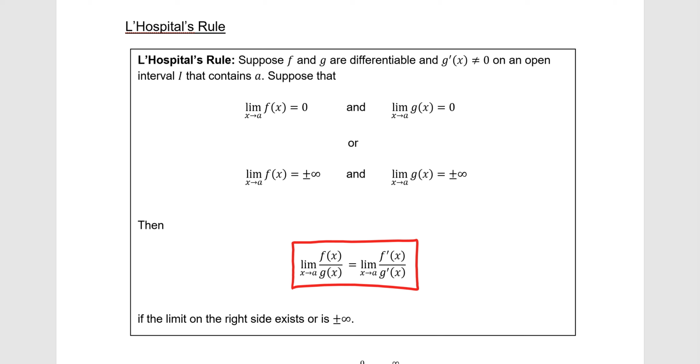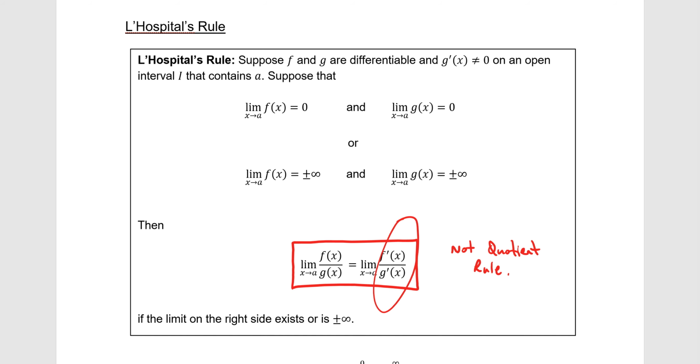So what we can do is if we have one of these limits, we do direct substitution, we get indeterminate form. We apply L'Hopital's rule, which is taking the derivative of the numerator, taking the derivative of the denominator separately, and then redoing the limit. And make a little note, this is not the quotient rule.